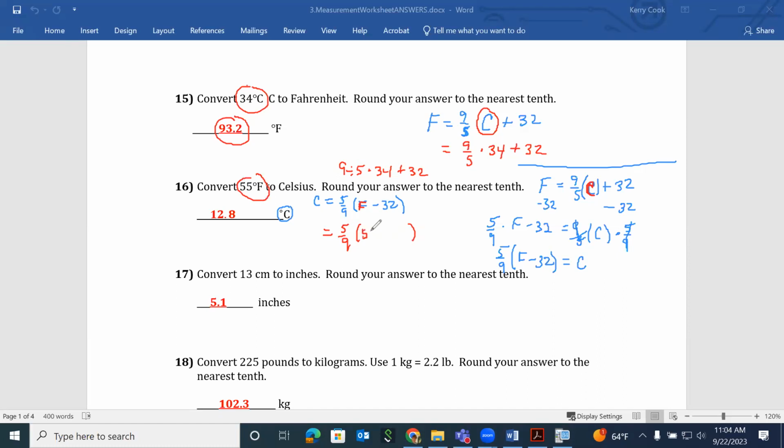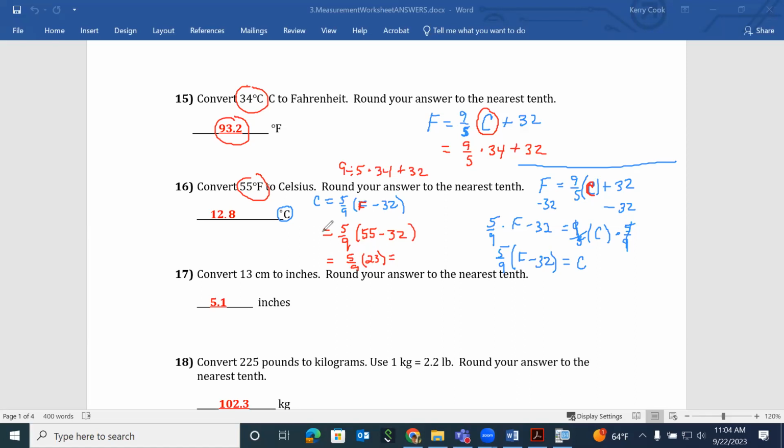So 55 minus 32. If you do this by parts, you would say, okay, well, I'm going to simplify the parentheses first. 55 minus 32 is 23. So our result is going to be 5/9 times 23, which would give you our answer of 12.8.